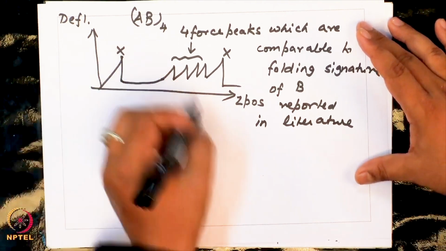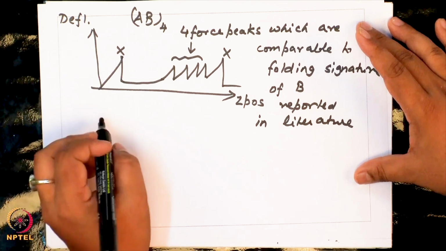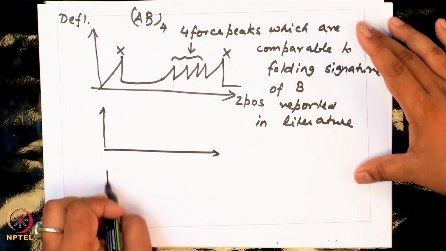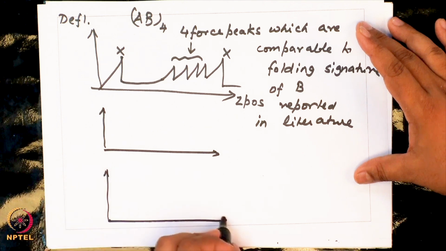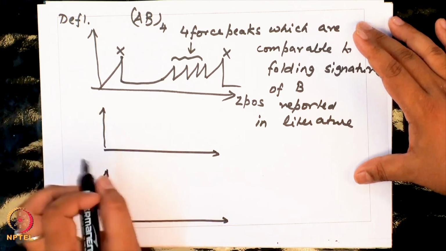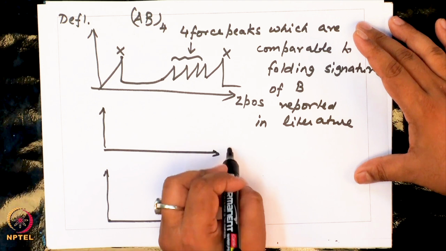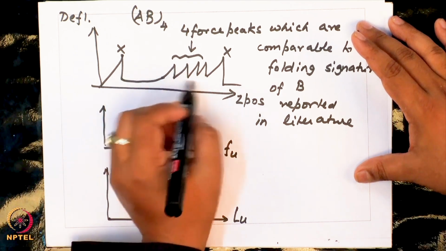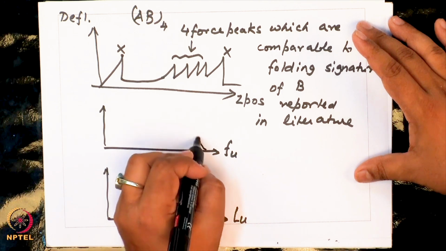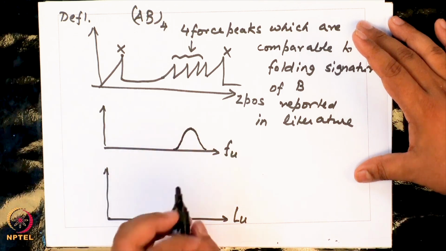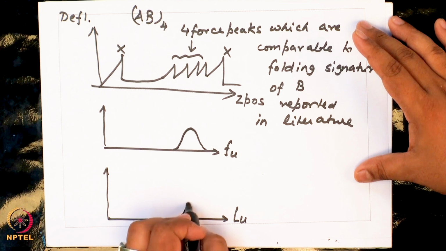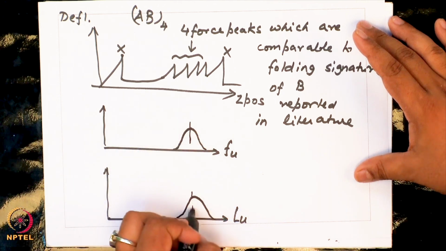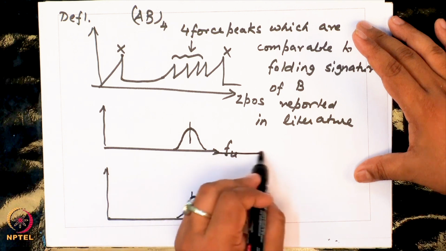So, for each of these forces, what I can plot is the histogram corresponding to the unfolding force F_u and L_u. For these peaks, let us say I get a certain force peak and a certain length peak.